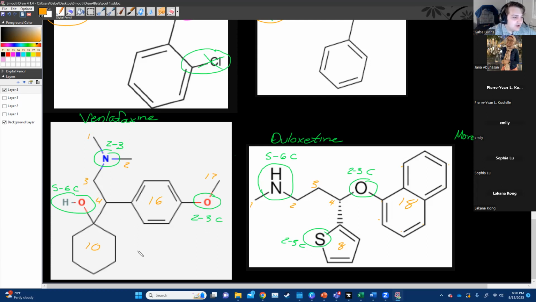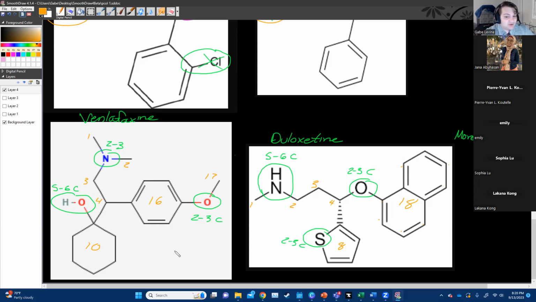So if both of them are solubilizing the same number of carbons, which one would technically be more lipophilic? The one with more carbons. So there's always two parts that you have to look at. You have to look at the number of polar atoms, but also the number of carbons.